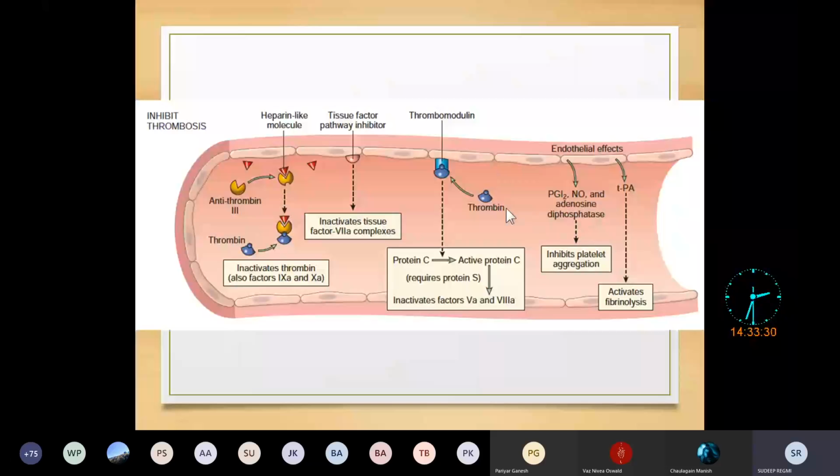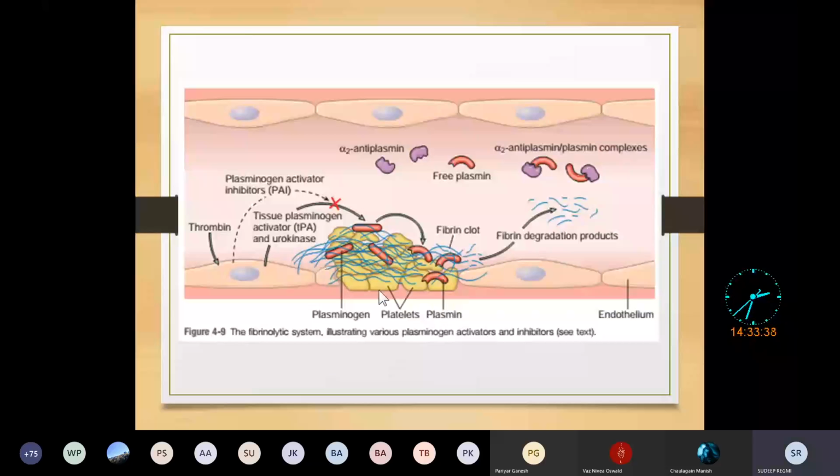And if there is formation of the clot, this should be limited to the area of the injury. If it is not made at the area of the injury, then there should be fibrinolysis. And there should be fibrinolysis if there is clot. And this free plasmin is bound with the alpha-2 antiplasmin.